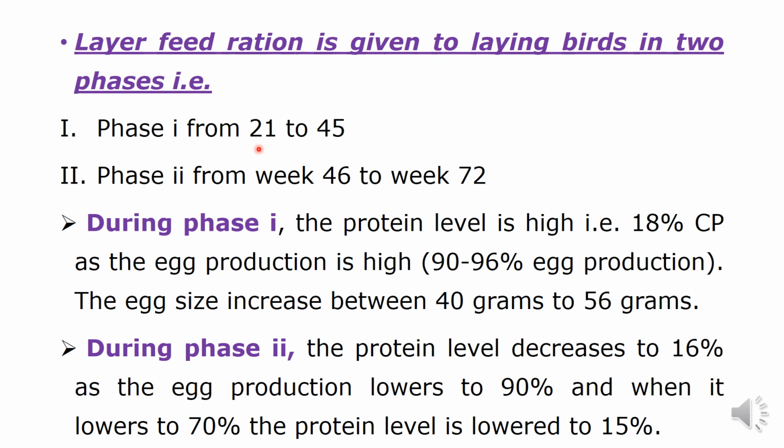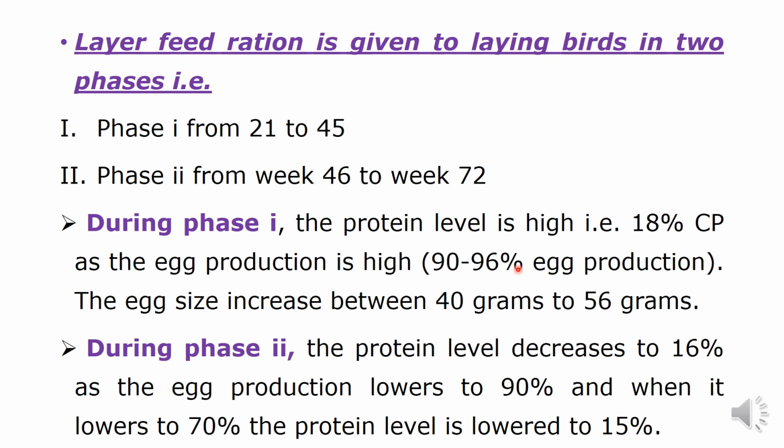In phase one, these birds require high protein so as to increase the optimum production of eggs, always like 96% egg production. The egg size will increase from 40 grams to 56 or 57 grams. That's the size of the egg.